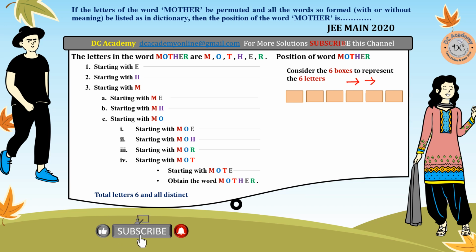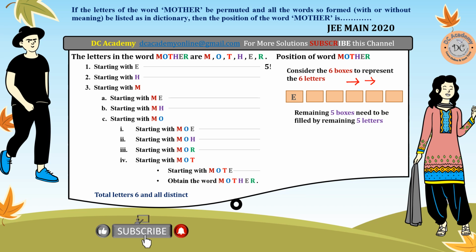So starting with E means that in the first box I can place E. Now if the first box is filled with E, then 5 boxes need to be filled by the remaining 5 different letters. So what is the possibility? Factorial 5.